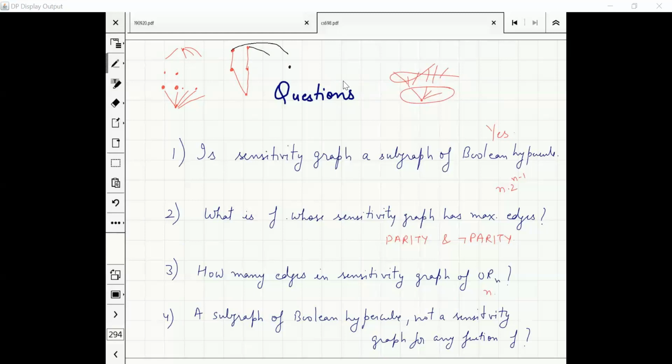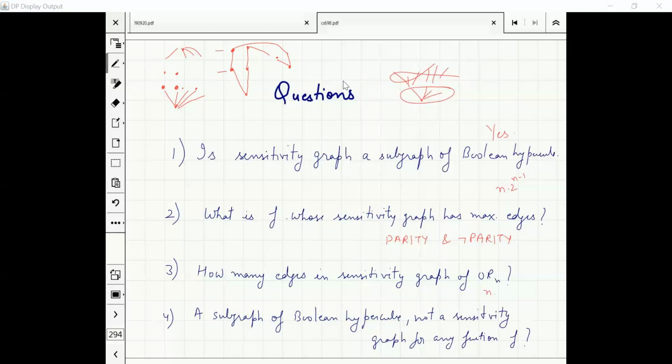Yeah. Okay. And why is this not possible? Why can this not be a sensitivity graph of a function? Because say supposing you are taking Hamming weight 1 and Hamming weight 2 levels.